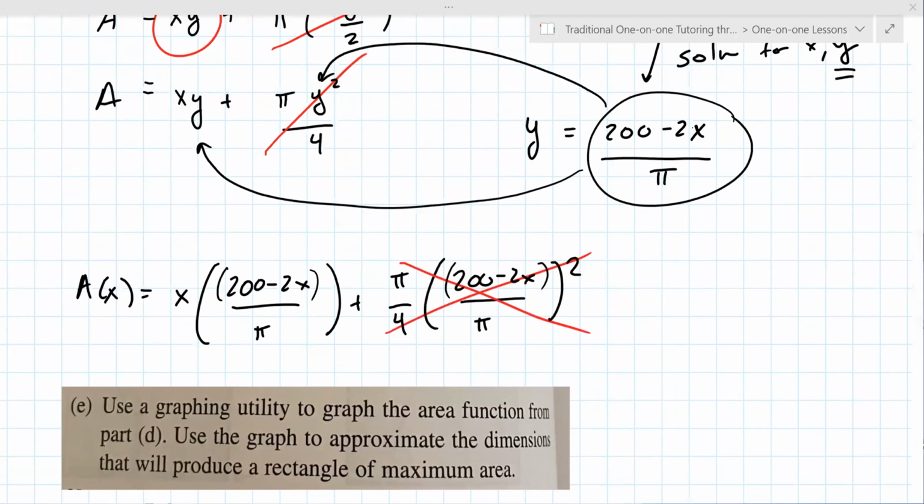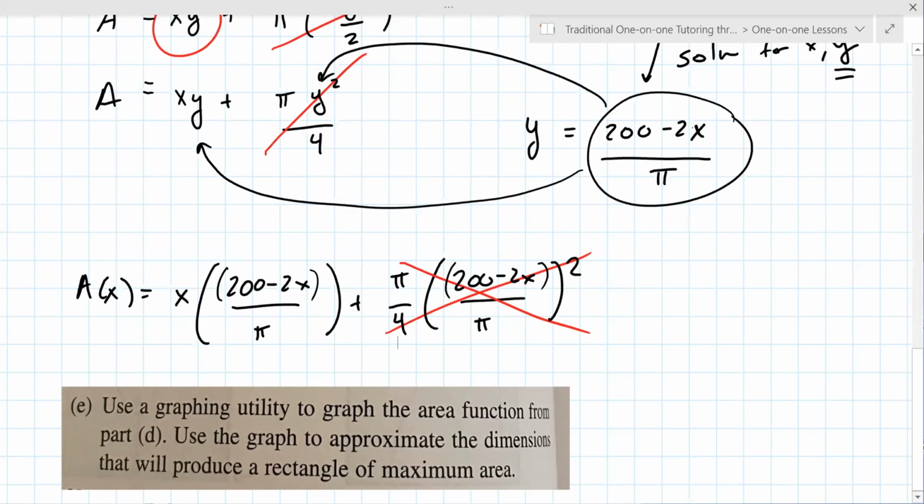Yep, there it is. Okay, so let me get the appropriate window here for you guys. 0 to maybe 150 and 0 to, all right, let's maybe zoom in here. Okay, so I'm going to snip this in. You guys can see what I see here.